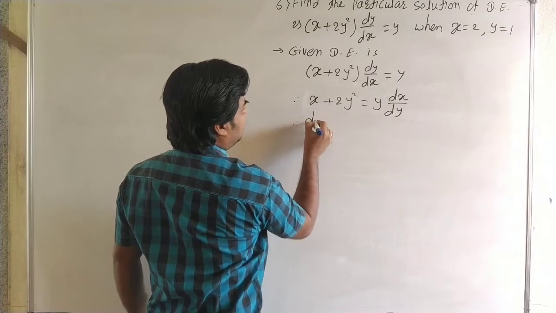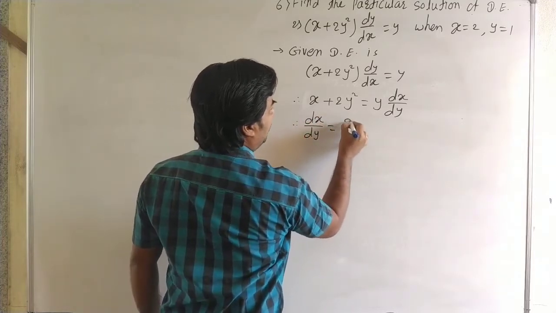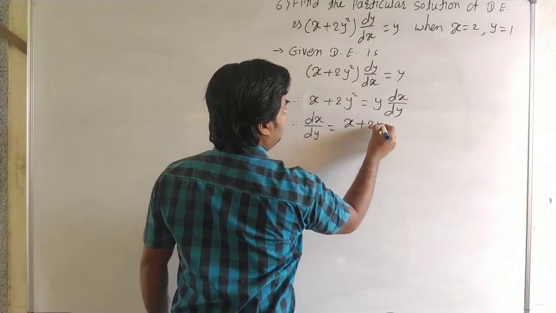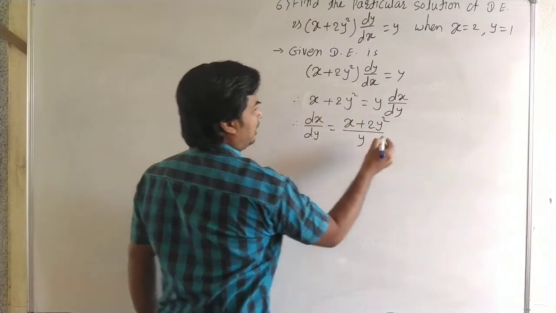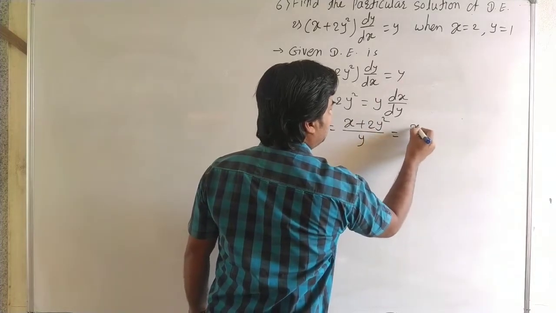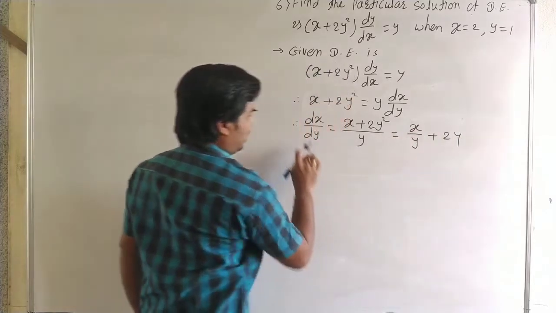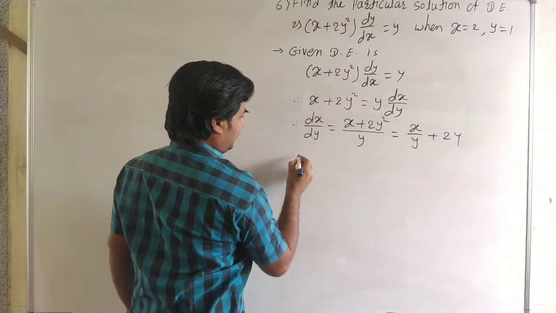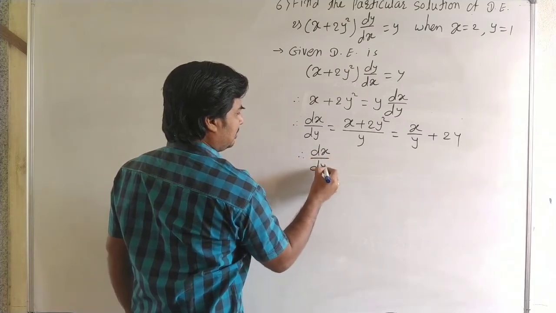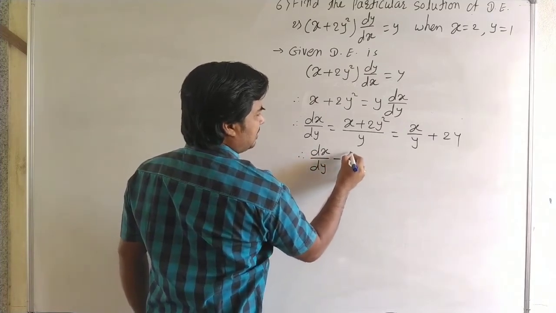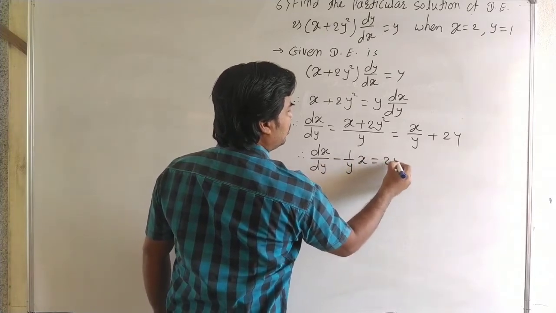Therefore dx by dy is equal to x plus 2y square upon y. This y we can write in the denominator, and then here it is x by y plus 2y. See carefully, dx by dy is equal to this, and then dx by dy minus 1 by y into x is equal to 2y.